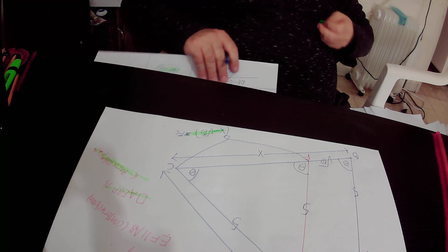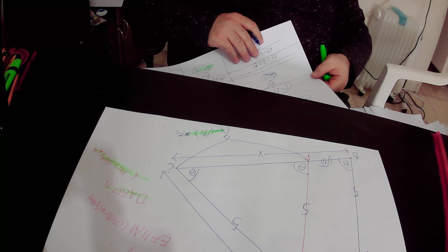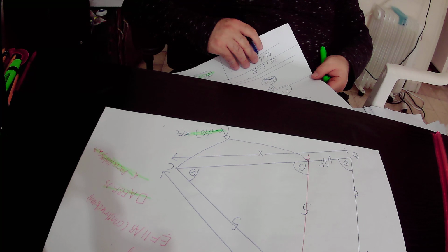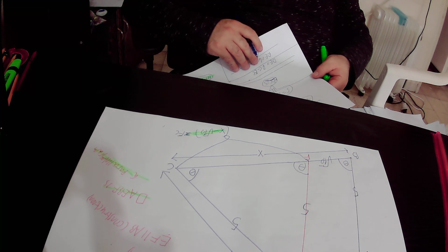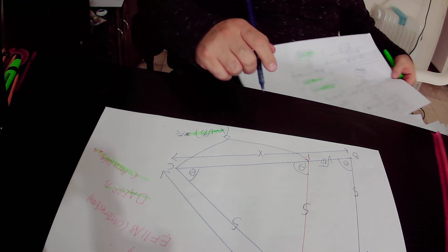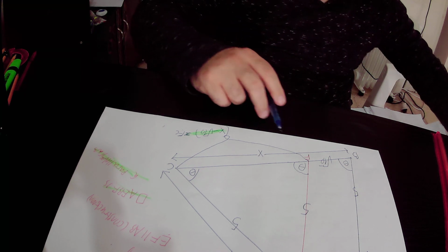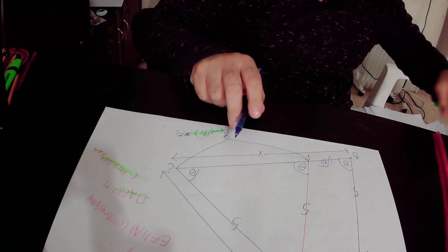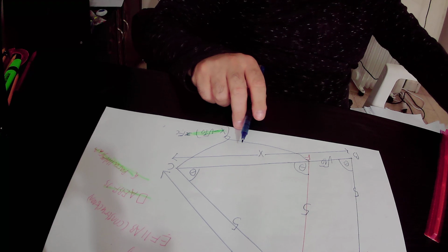In the next step, we'll make a construction. From point E, we draw a perpendicular on FC.